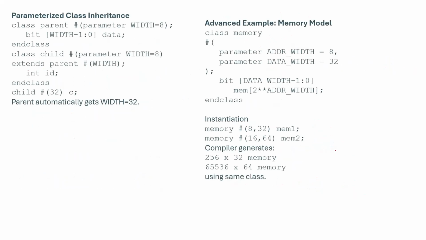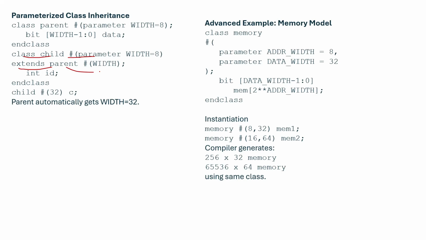Okay, inheritance with parameterized classes, that means the extends keyword we are using, right? So a parent class we are using, and then this type of style we are utilizing in UVM. Class style hash parameter and then extends parent hash width. So that width we can override.